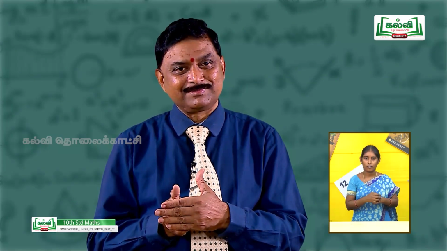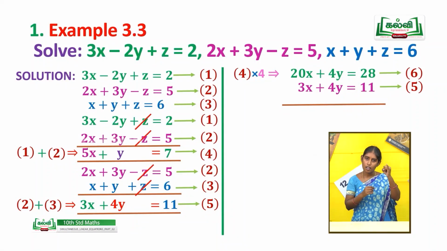So we added equation 1 and equation 2 in the previous case, and 2 and 3 also, because we had a plus z and minus z, different signs. So we added the equations. But here, 4y in both has the same sign, plus sign. So we have to do the subtraction.